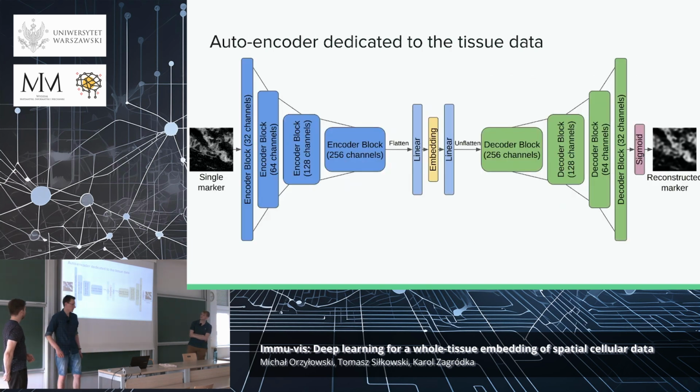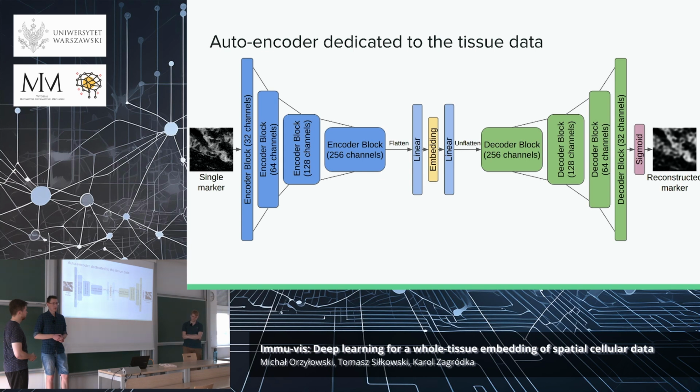So we developed our own architecture, which was fully trained on the tissue data. It was trained on 100 by 100 patches, as well as on the whole slides. This architecture is not very sophisticated, but we aimed to create a lightweight model that at the same time would create reconstructions that are visually similar to the initial markers.